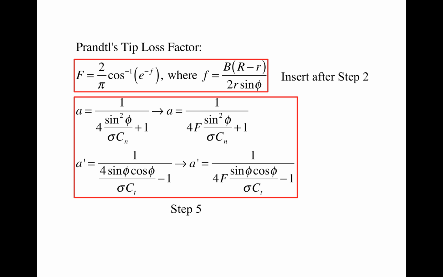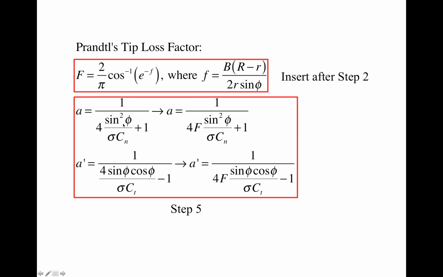The expression for the two induction vectors must now be updated to account for this newly introduced factor f. Without Prandtl's tip loss factor, the two induction vectors were looking like that. We derived those expressions in the previous video, right?